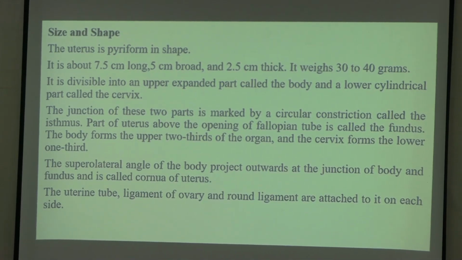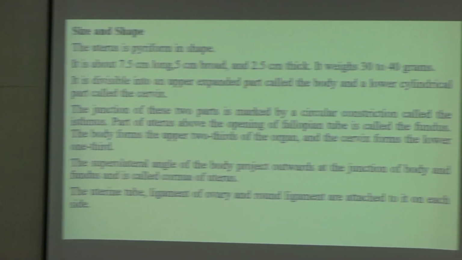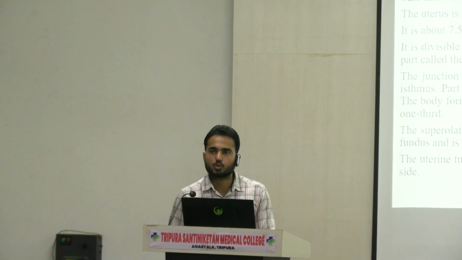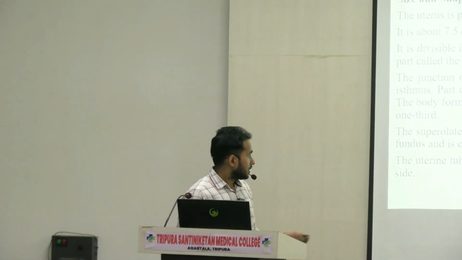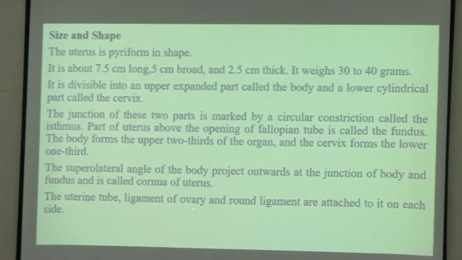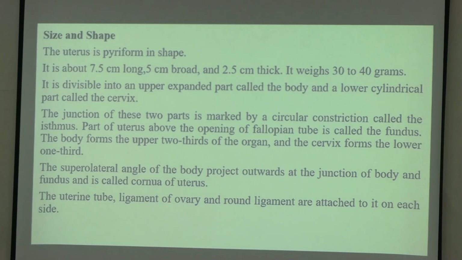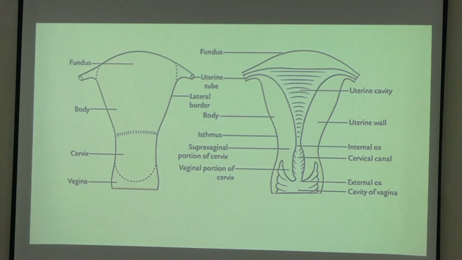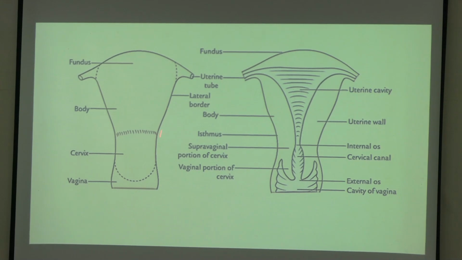Superolateral angle, just above the attachment of the fallopian tube, that particular area is called the cornua of the uterus. Now, the uterine tube, ligament of ovary, and round ligament are attached to the lateral aspect of the uterus.